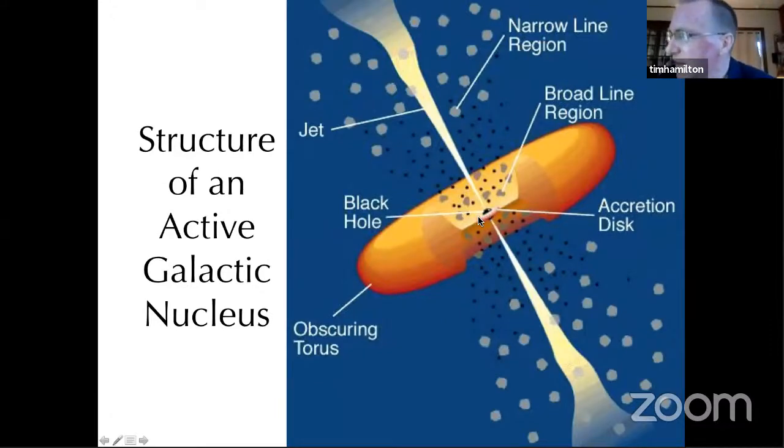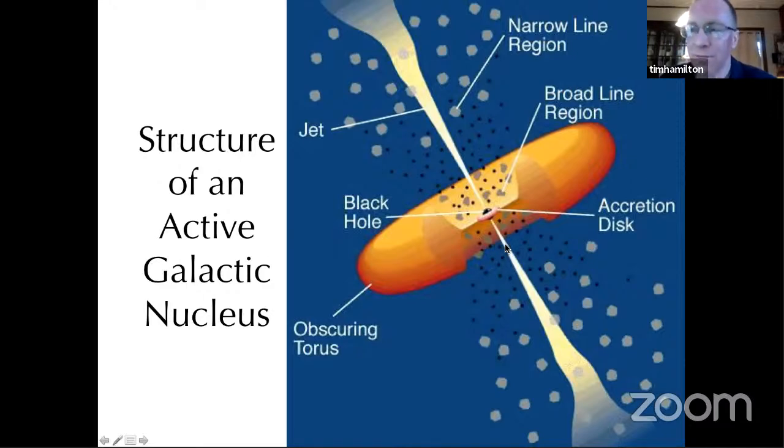And immediately surrounding the black hole is a moderately dense accretion disk of gas that is accreting onto the black hole. And there's my cursor, right? That is going to produce the bright blue continuum, which is mostly in the ultraviolet and the visible light. Surrounding that, we have these gray clouds here.